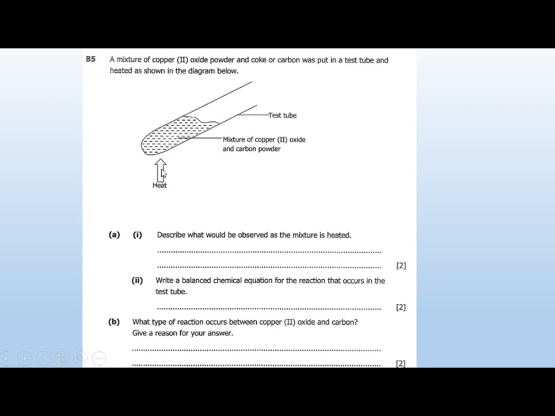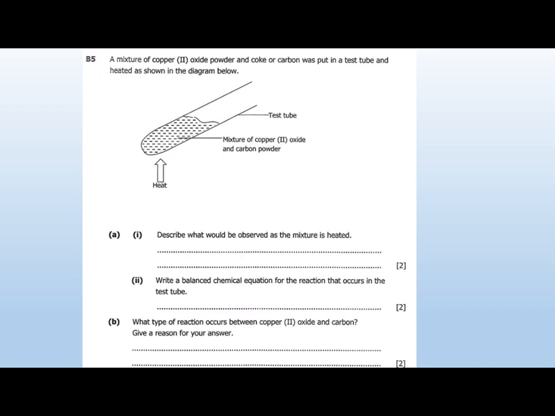Now let's look at these simple questions that were given. They're saying describe what would be observed as the mixture is heated. If we had to construct a chemical equation, you will find that the products will only be copper and carbon dioxide. Since carbon dioxide is a gas, we cannot observe it, we can just identify it using its identity test.